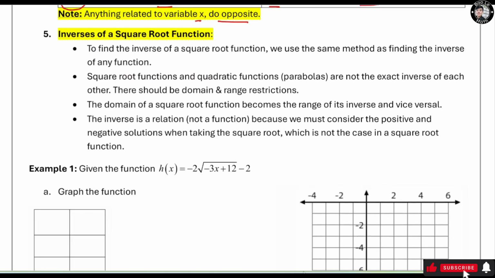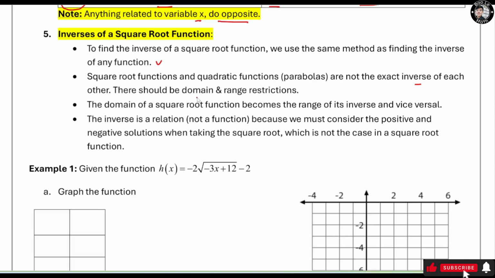Now, the last one we're going to talk about is the inverse of a square root function. To find the inverse of the square root function, we use the same method as finding the inverse of any function. Alright, please check out the link in the description below to learn how to find the inverse of any function. Now, square root function and quadratic function are not the exact inverse of each other.